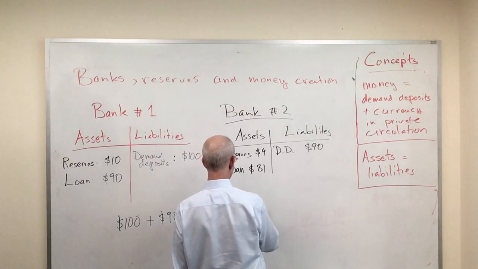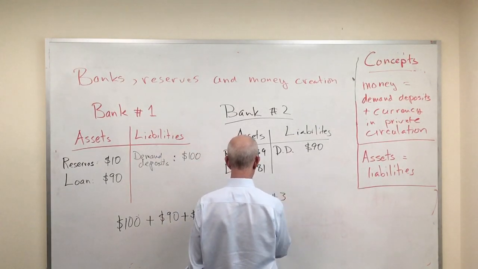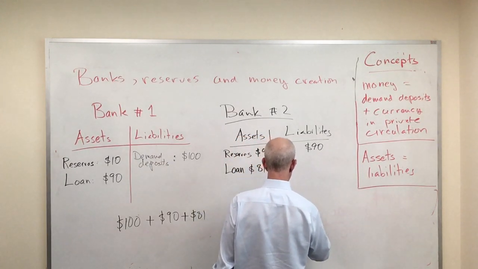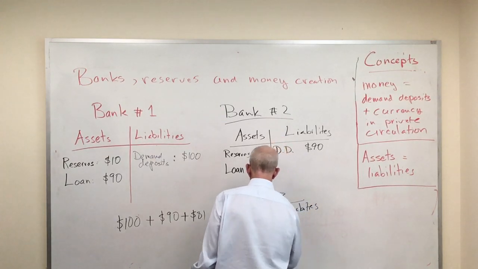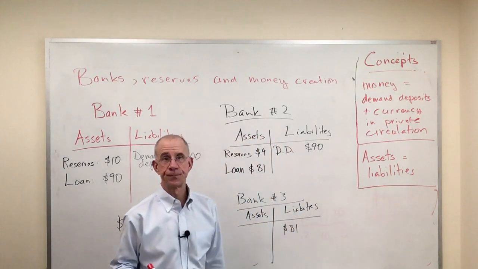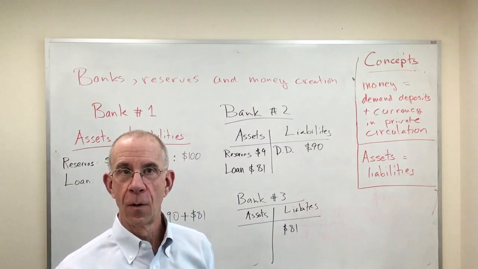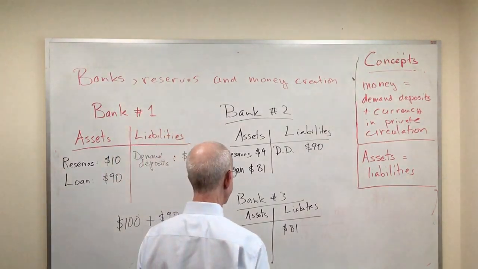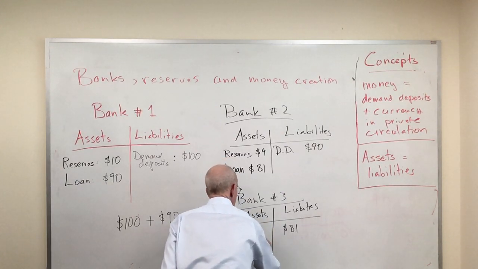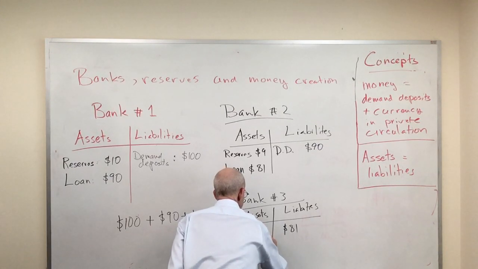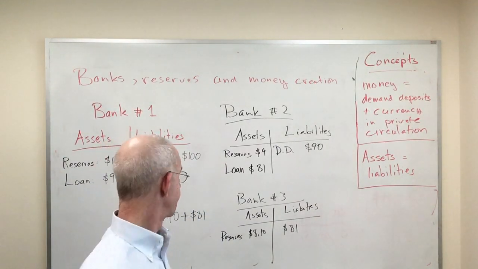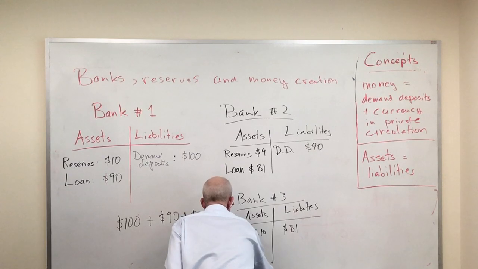Bank number 3 has got assets and liabilities. They get a deposit of $81, some of which they keep in reserves, and say they've got reserves of $8.10, 10%, and they loan out the rest.